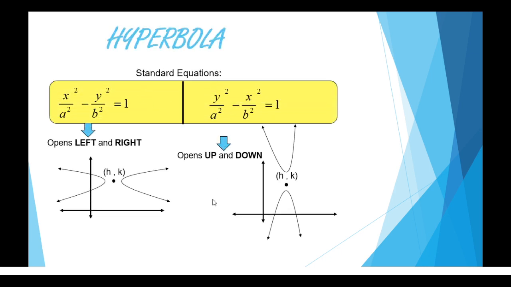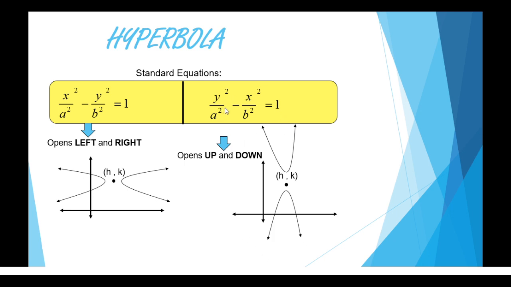Okay, next, again, this was the last condition which we had discussed, that is hyperbola. Again, the standard equation is x square upon a square minus y square upon b square equals 1, and this is the graph which we get. Okay, this is the standard hyperbola and this is the inverted hyperbola.